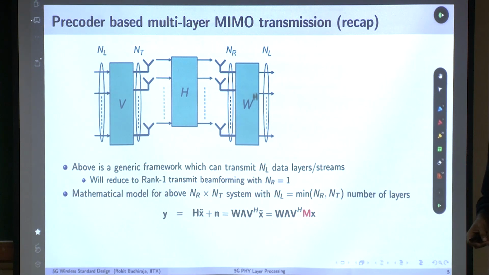The user, correct, okay, right, W lambda V Hermitian, and if it finds out this is the best, the user feeds back this information, okay, then the precoder M becomes V. Okay, I am not directly writing it, I am saying that the user has to feed back this information, and the user will have to calculate this V and then feed it back to the base station. Then the base station is going to use this precoder. Okay, right? That's why this two-step process.